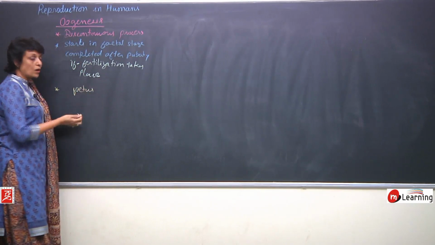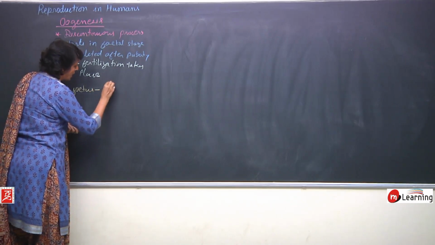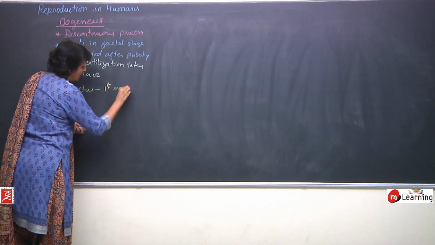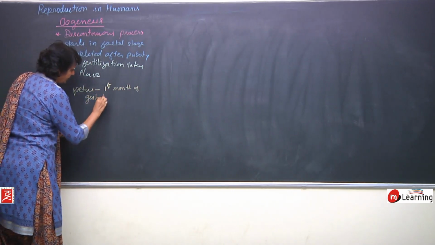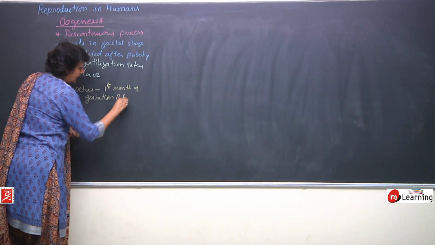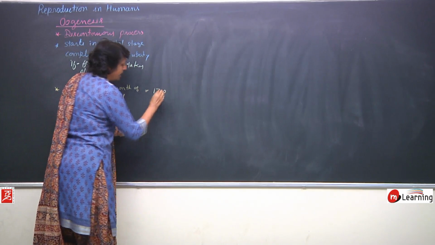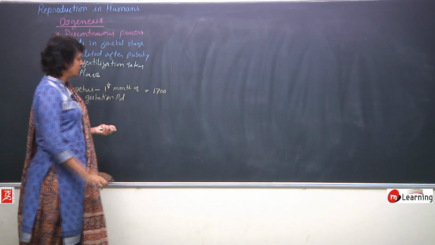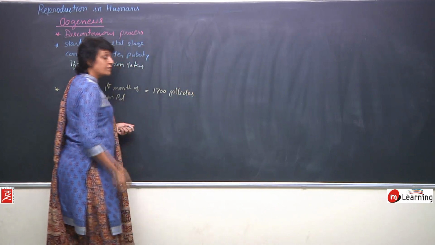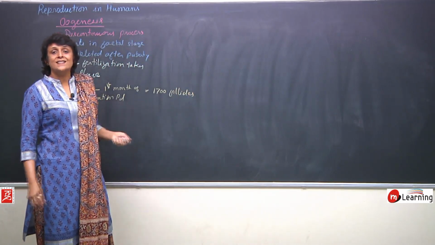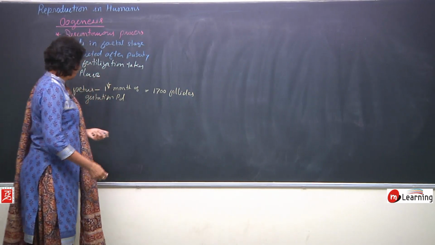Let us talk about the gestation period: after the first month of gestation, there are about 1700 follicles. What are these follicles? These follicles are the cells of the germinal epithelium which will give rise to the egg.